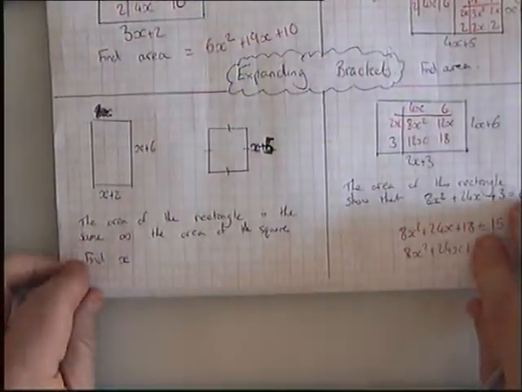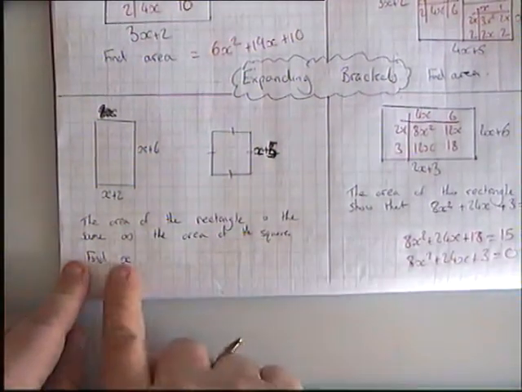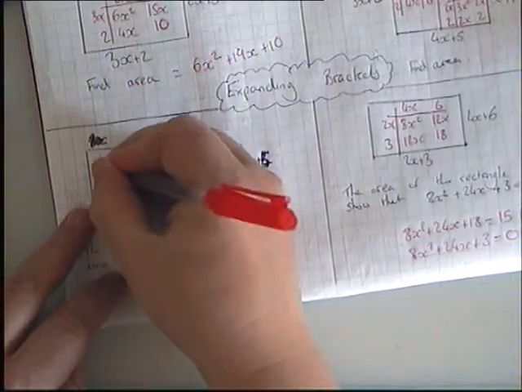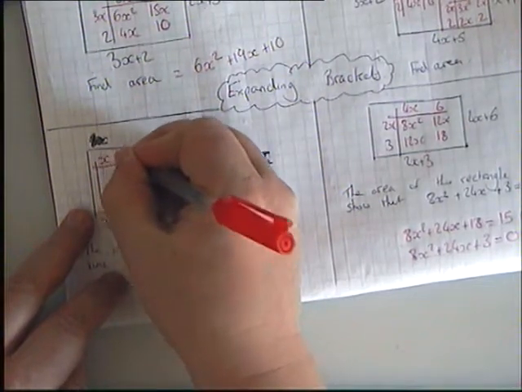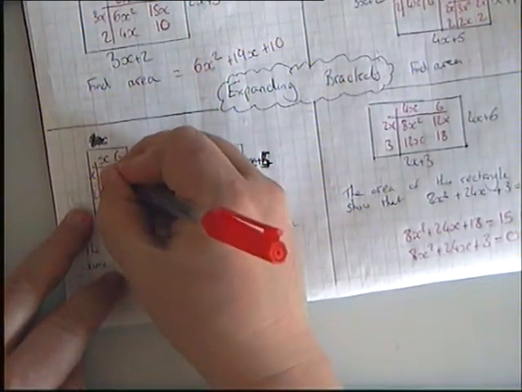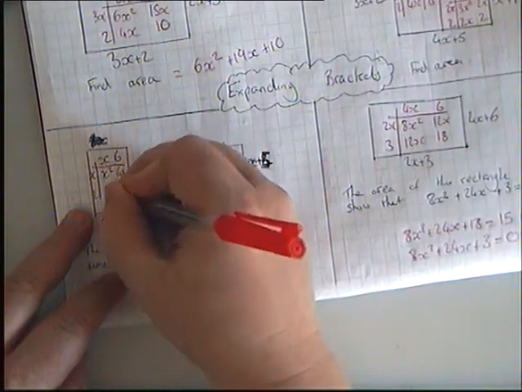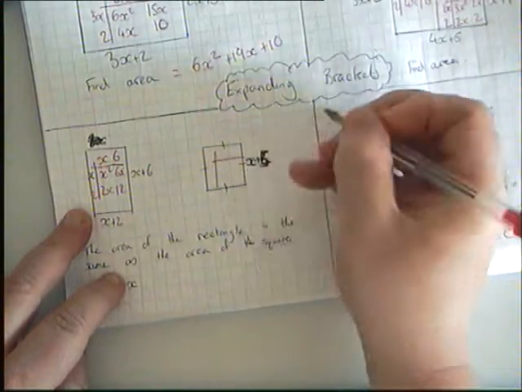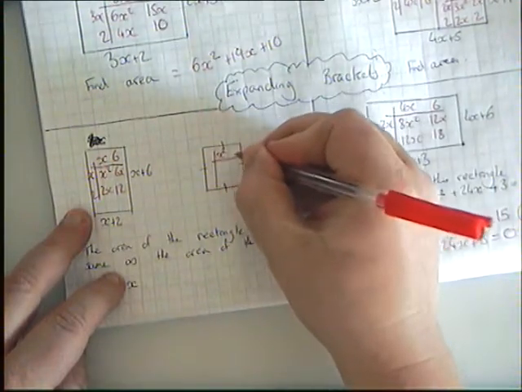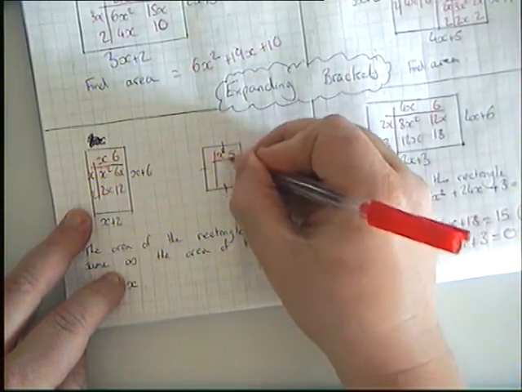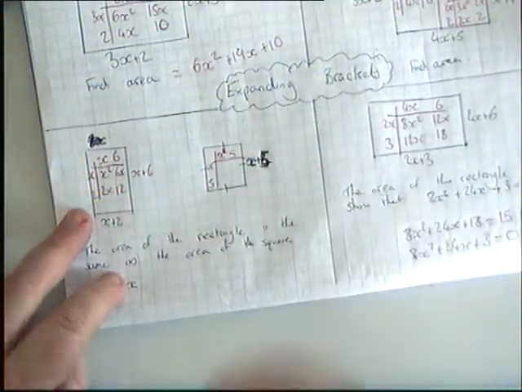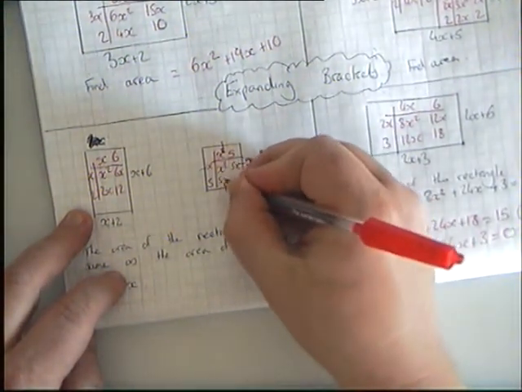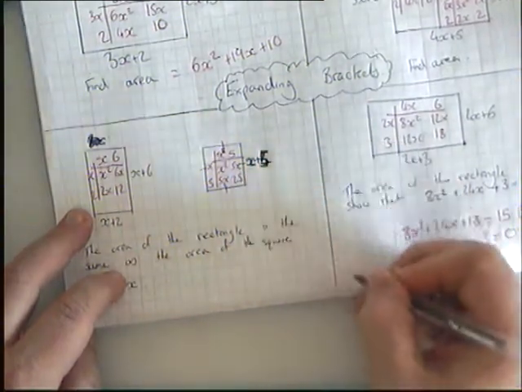Now the last question: the area of the rectangle is the same as the area of the square, find x. So I need to start again by finding the area of each. So I'm going to be expanding the brackets, that's x squared, 6x, 2x, and 12. And for this one, you've got x squared, x times 5, x times 5, because as it's a square, all the lengths are the same. x squared, 5x, 5x, and 25.